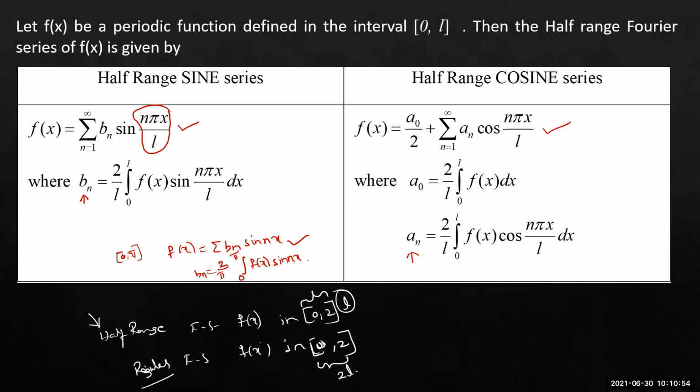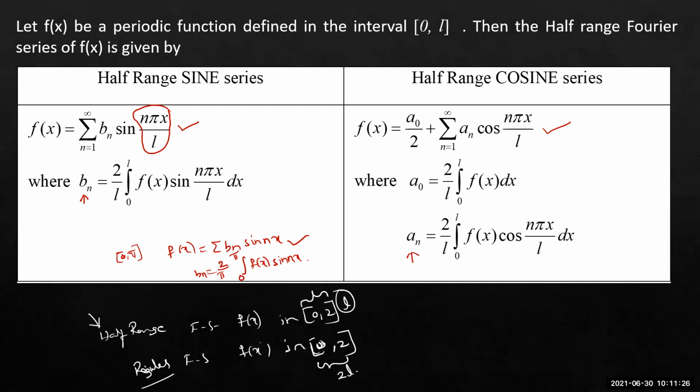That's how, when it is a half range Fourier series, take this length, whatever may be the values there, as L and proceed with that L. When it is a regular Fourier series, when there is nothing about half range, then take the length of this interval as 2L. Though the intervals are the same, we should have a clear distinction between them. Looking at the question, we need to identify the correct value for L. Okay, I hope you get this point.